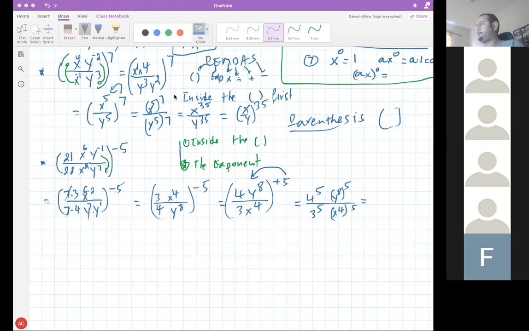Let's see. So 4 to the power 5. So again, it's 16 times 16 times 5. That's not too big. Okay, so again, if the value of this has 3 digits or less, you may write it here.